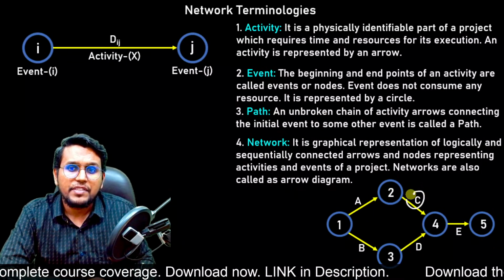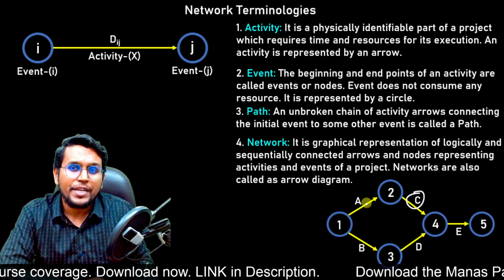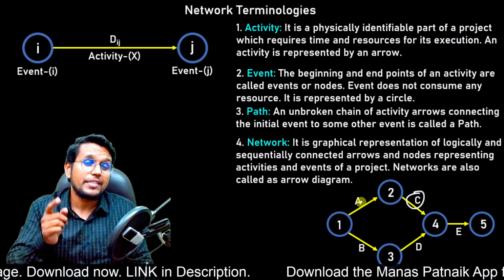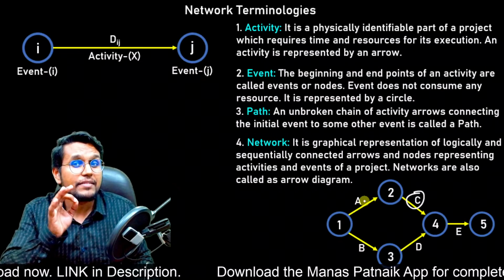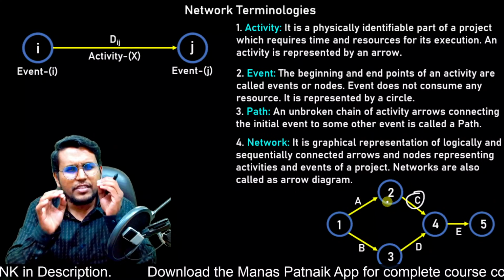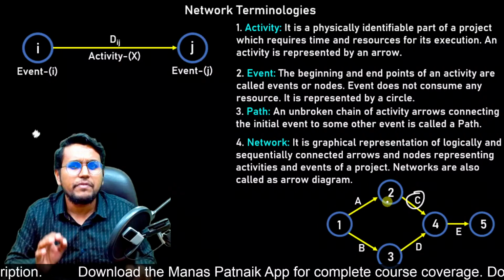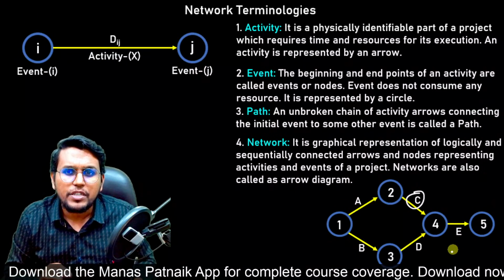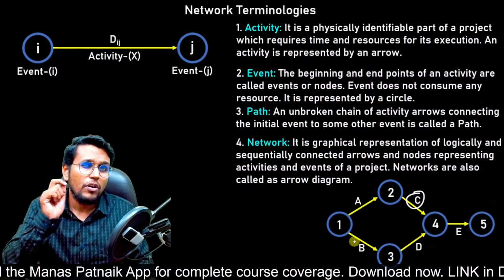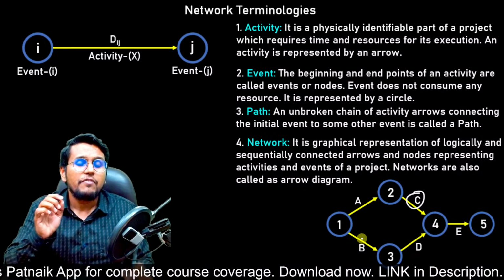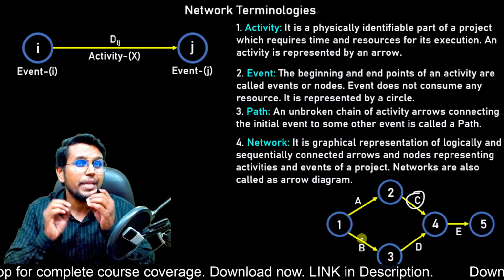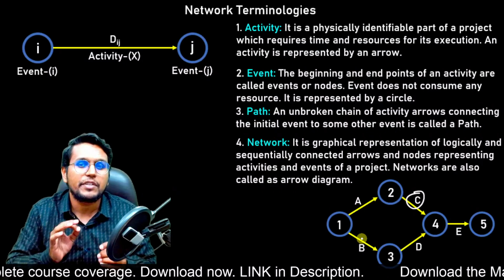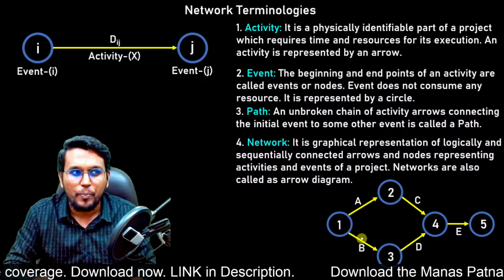Suppose we take activity C. Activity C is dependent on activity A. Dependent means it can only start when activity A is completed. So all these little things we need to keep in mind whenever we see such network diagrams. These small pieces of information will compile and give us a breakthrough when we solve and create the network. Let us see how.